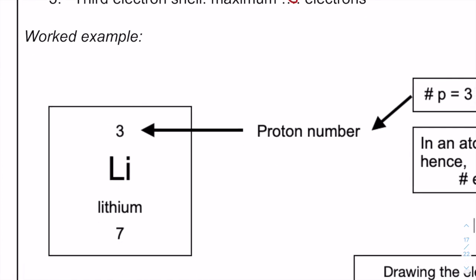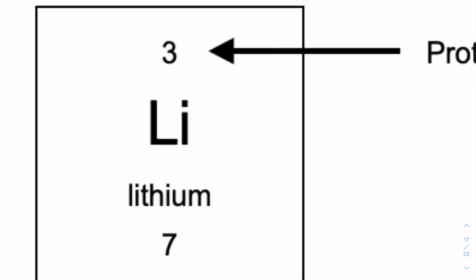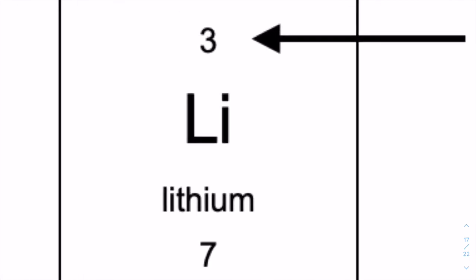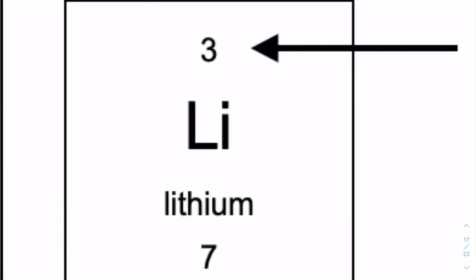Okay, so let's look at an example. Let's look at lithium again. So we are going to decide how to arrange the electrons inside lithium. But of course, our first question will be how many electrons there are inside lithium, right? So based on this tile, you should be able to know how to find out the number of electrons.